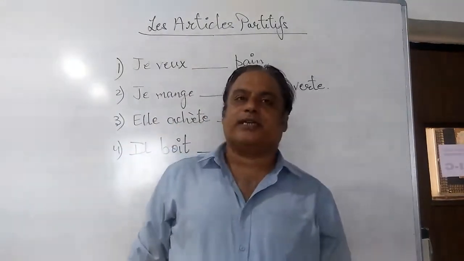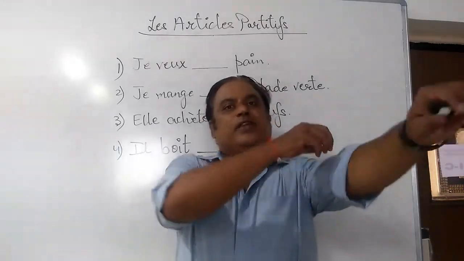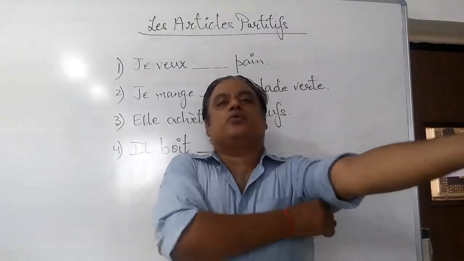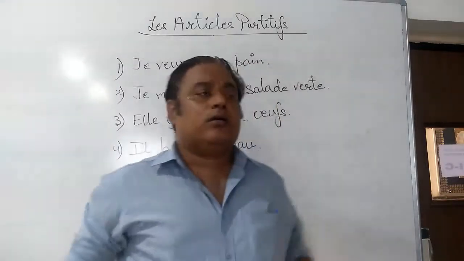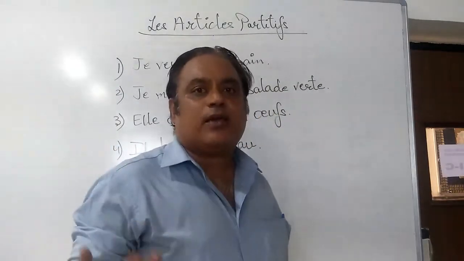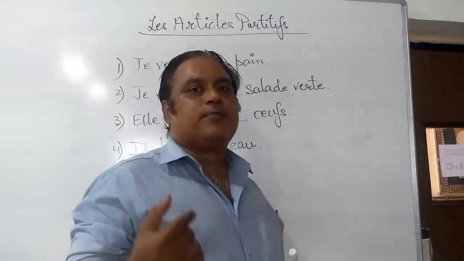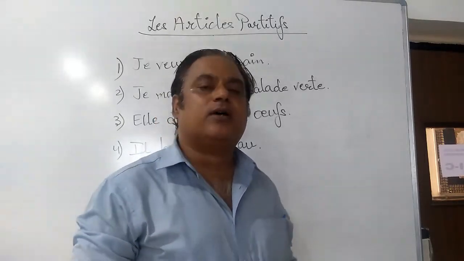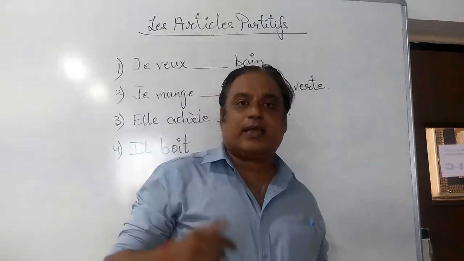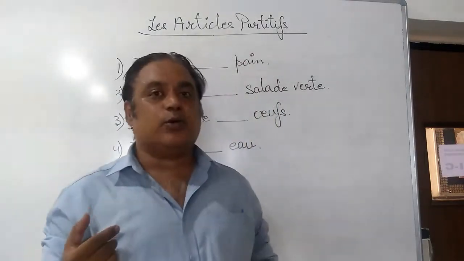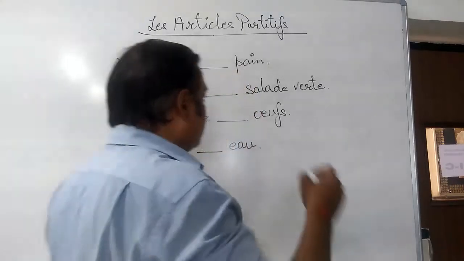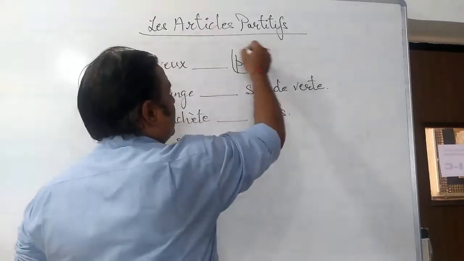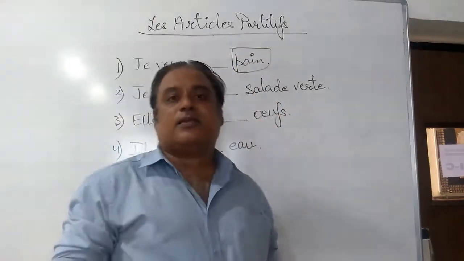So here we have 4 sentences and we need to fill up the blanks using the suitable partitive article. Of course, when we are going to use an article, the first priority is to find out the object of the sentence. As I told you earlier in articles, the object is usually the word coming right after the blank. So in the first sentence, pain is our object.